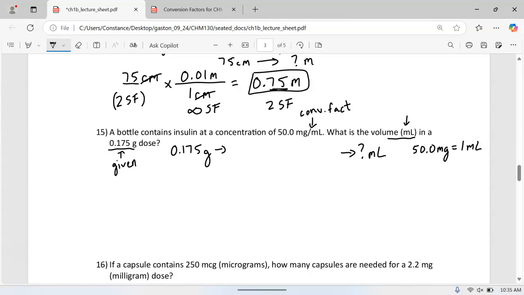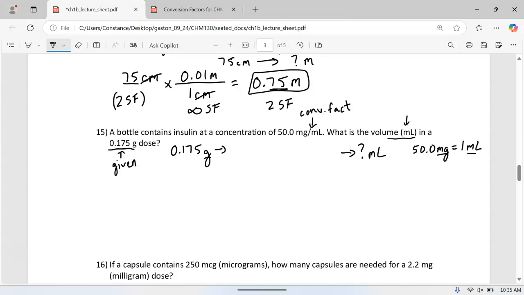Now the issue is that neither one of the units in my conversion factor match my given units of grams. So I know that I'm going to have to convert from grams to something else before I can use that conversion factor. Now that conversion factor does have the milliliters, which are my target units, so that's great.